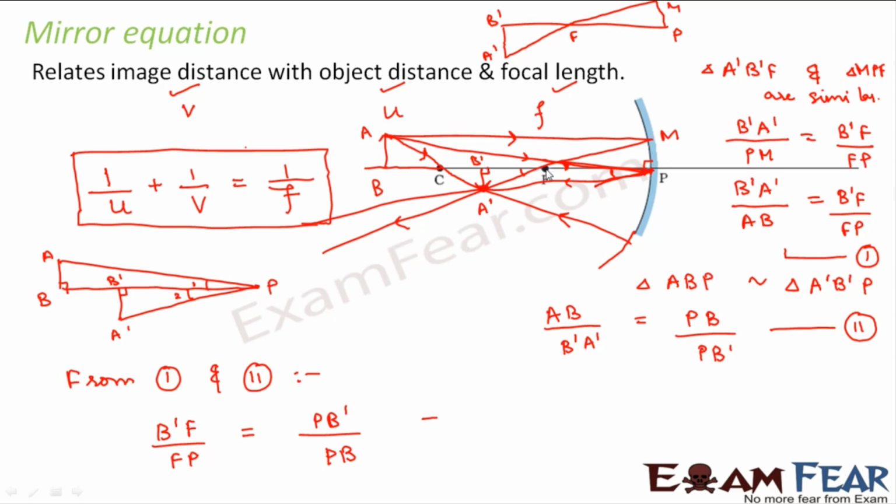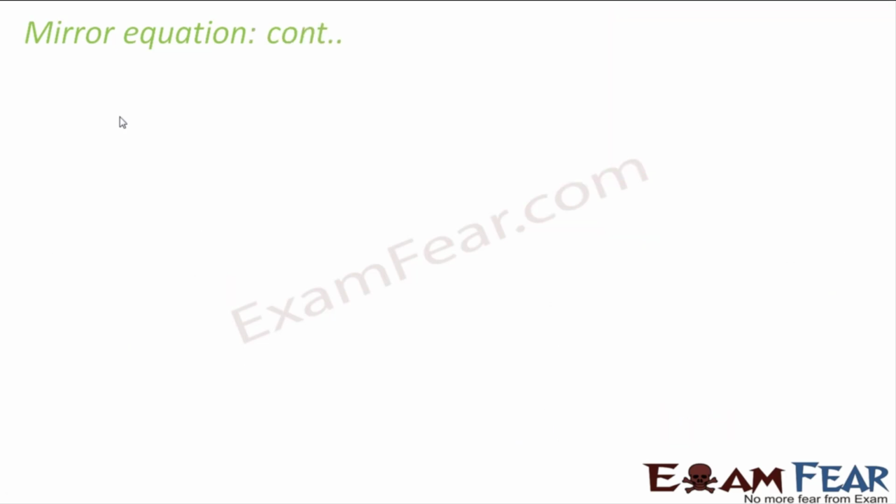This is B'F. It is nothing but PB' minus PF, right? Since B'F is equal to PB' minus PF, if we substitute this value, we get (PB' minus PF) divided by PF is equal to PB' divided by PB.